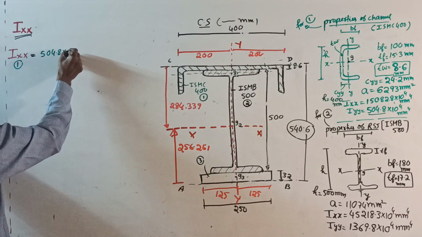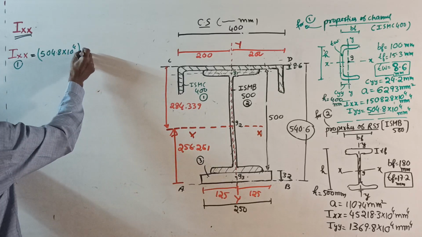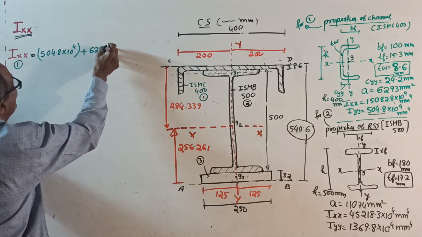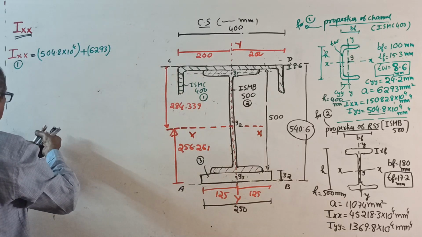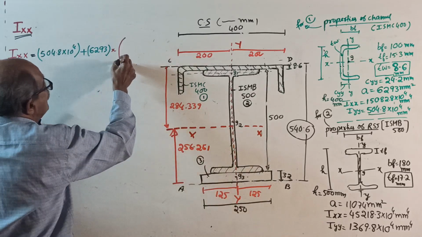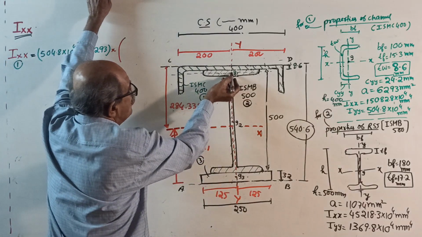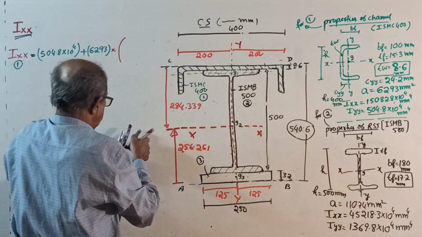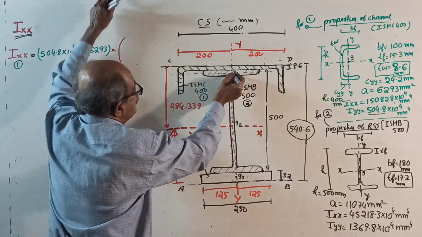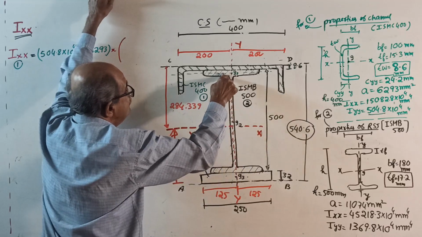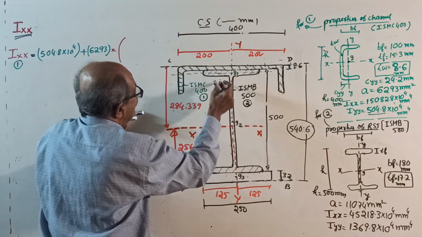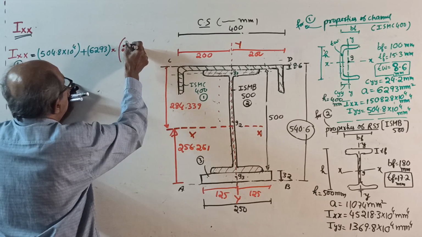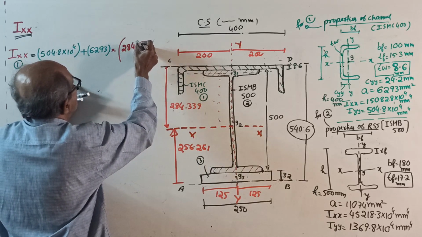504.8 into 10 to the power 4 is Ig, plus area. Area is 6293, into, the important term, from the centroid of the component to xx. See, this is G1. From centroid G1 to xx, this distance squared is 284.339.